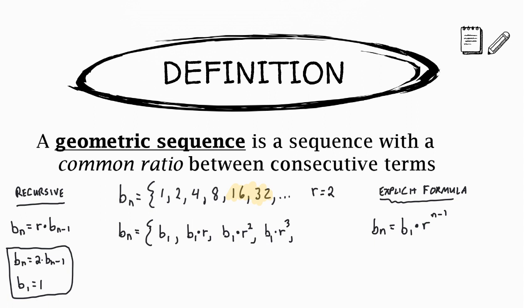And there is our explicit formula. So if I wanted to find the 12th term in this specific formula that I wrote right here, I would take 1, the first term in the sequence, and multiply it by 2 to the 11th. And I think most of you probably know from playing that game that 2 to the 11th is 2048.